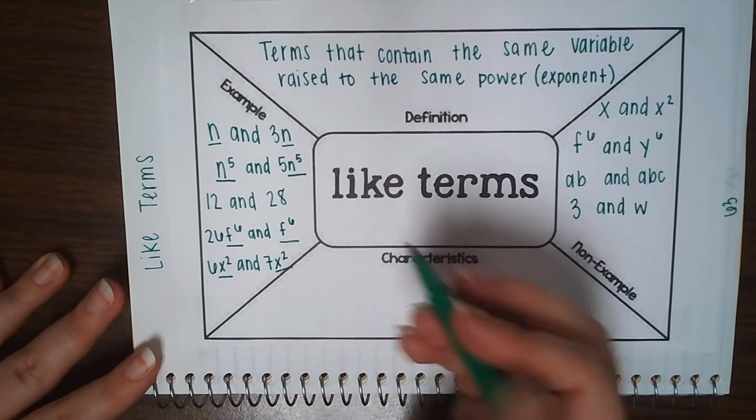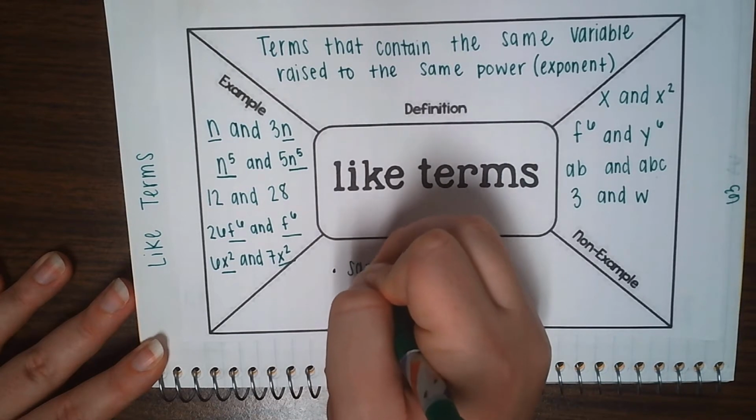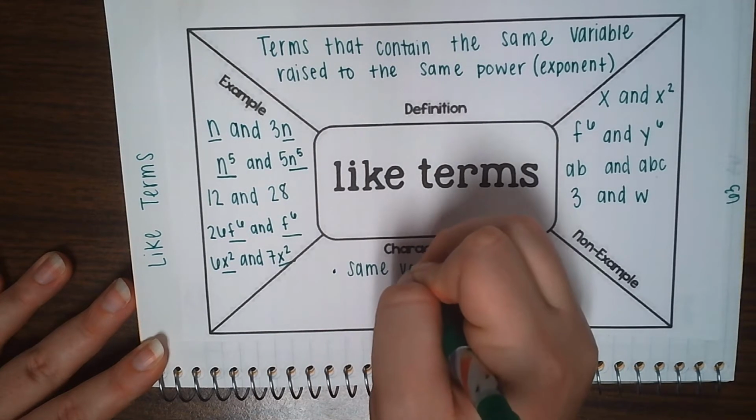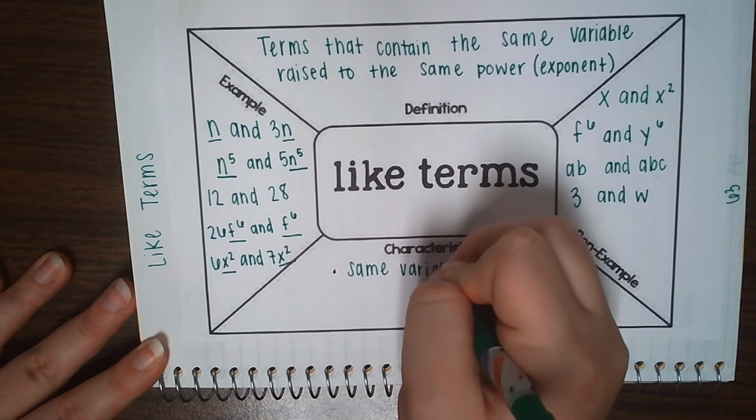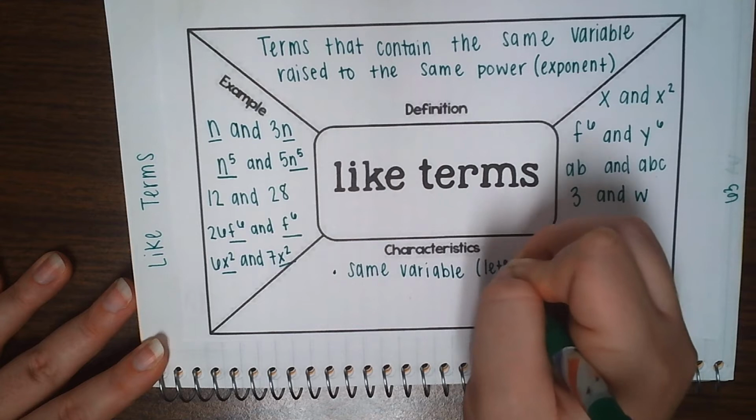So let's review some of the characteristics. You have to have the same variable. Remember, variable is just a fancy word for letter.